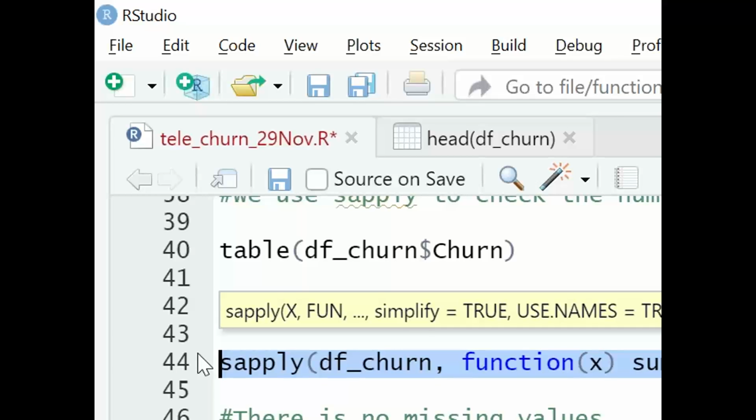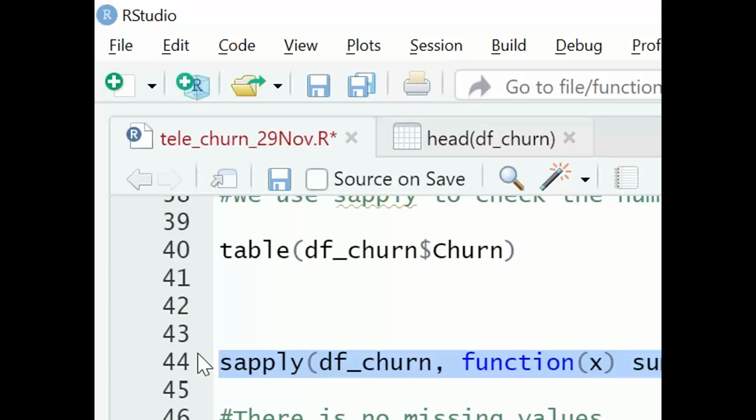If the sum is any number more than 0, that means there are that many missing values in that variable. If you run this, everywhere I'm getting the sum as 0, which means there is no missing value in our data. Please, all of you, try this out.